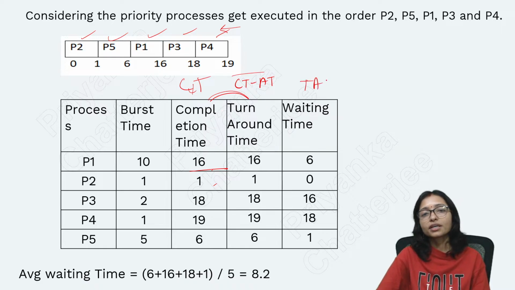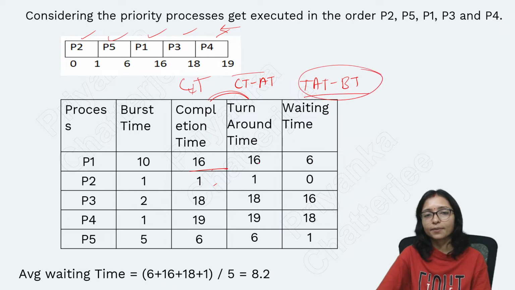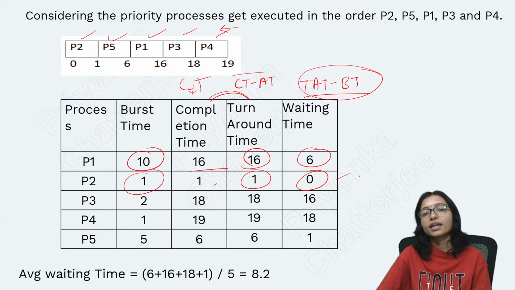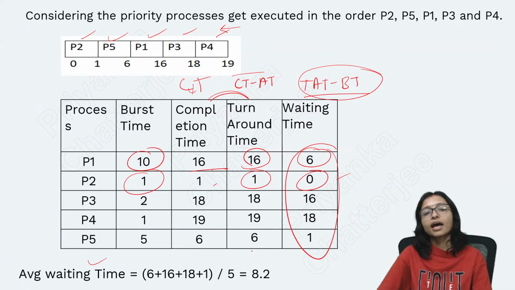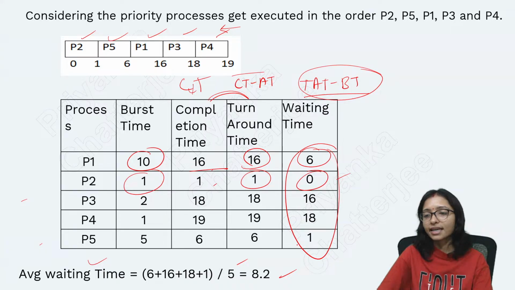Waiting time will be turnaround time minus burst time. So 16 minus 10 is 6. 1 minus 1 is 0. Like that you get the waiting time here. For average waiting time, you take the total and divide by 5. You get the answer 8.2. So the answer is 8.2 here.